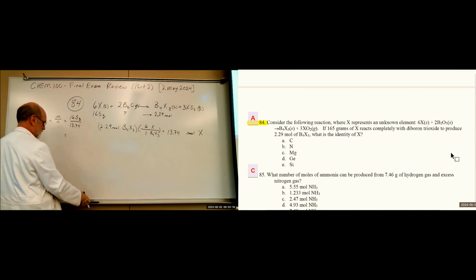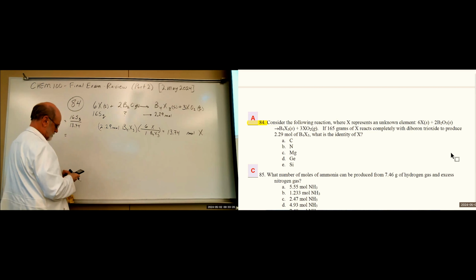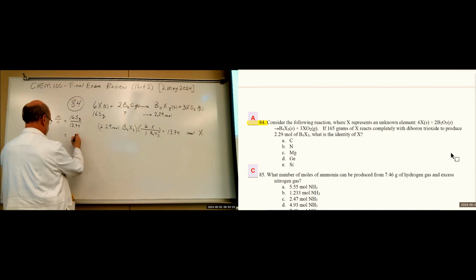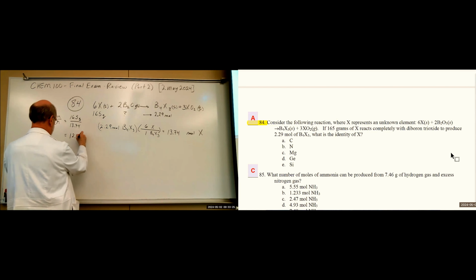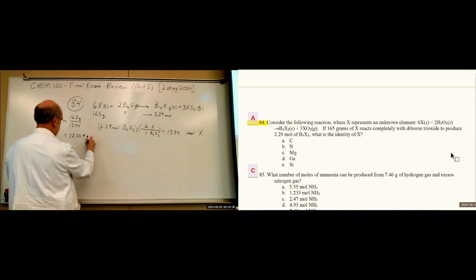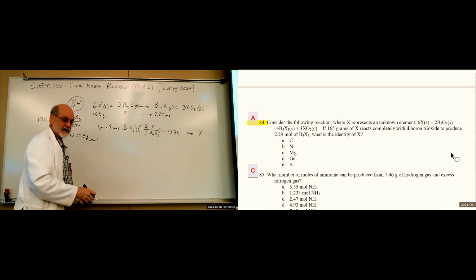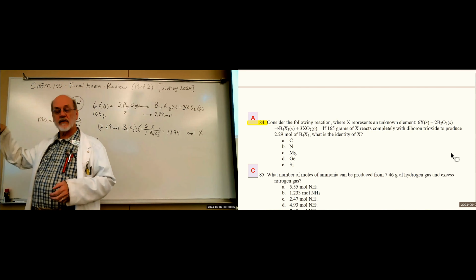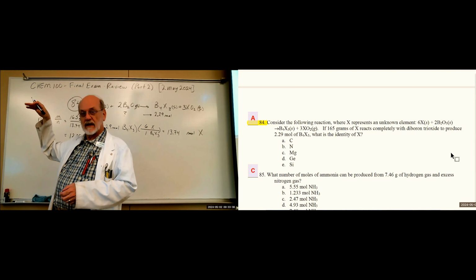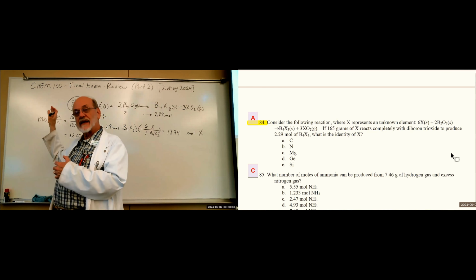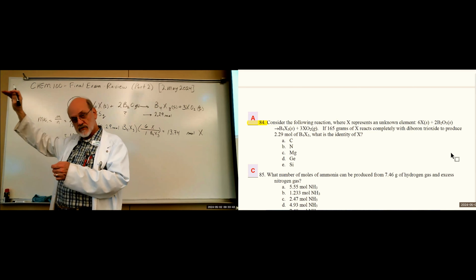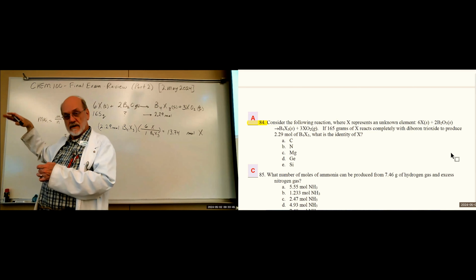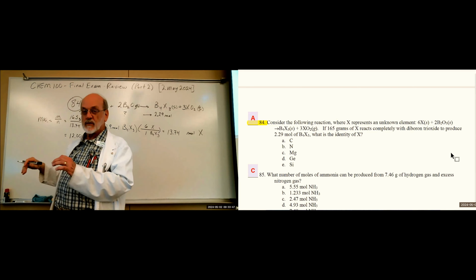Now we have moles. 13.74. We divide that into 165. And I get 12.009 grams per mole. Now we go to the periodic table. We look at the periodic table and we just follow it from upper left, hydrogen, right, helium, and then we just keep going straight across the periods and down, skip down period, until we find the closest one to 12.009.